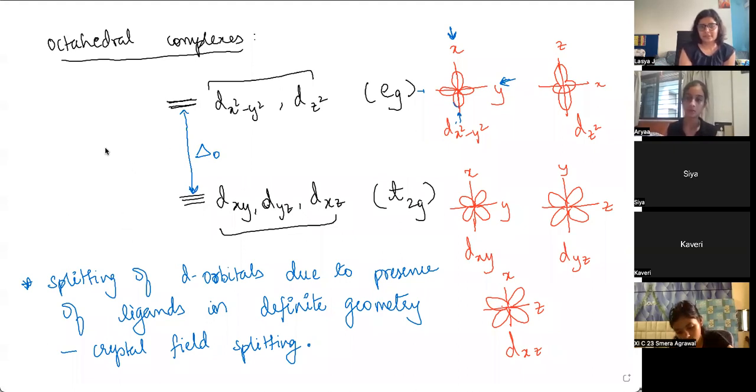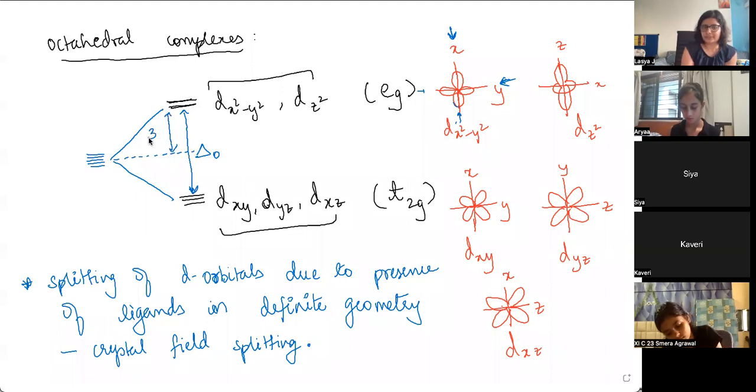Remember, if it were spherical, it would have had a certain amount of energy, but because it's not spherical, in some cases it's increasing and in some cases it's decreasing. By how much is this increasing? This takes up 3/5 delta naught. And by how much is this decreasing?